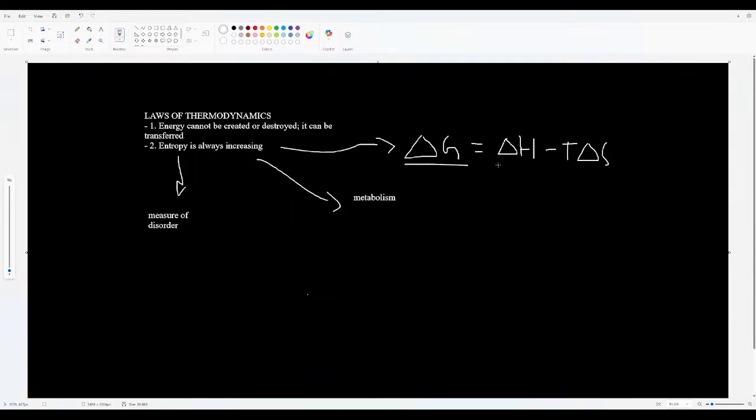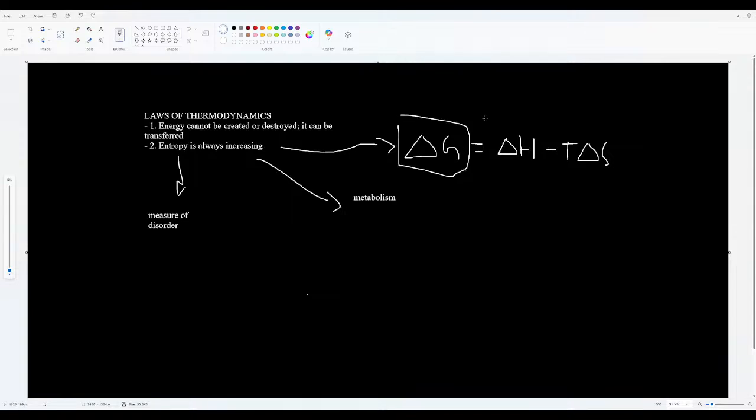Yeah, so delta G is equal to delta H minus T times delta S. So that's a lot of terms, right? I know, it's horrifying, it's scary, I know. But please bear with me.